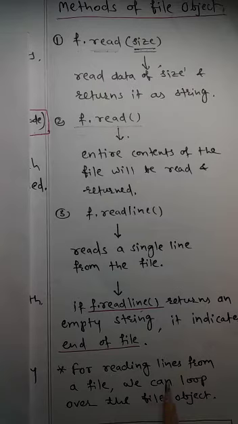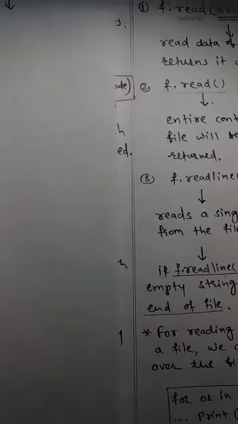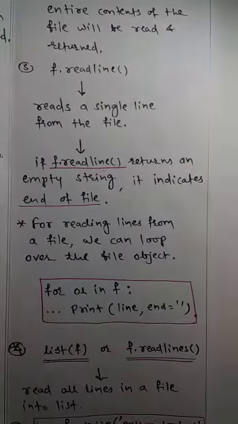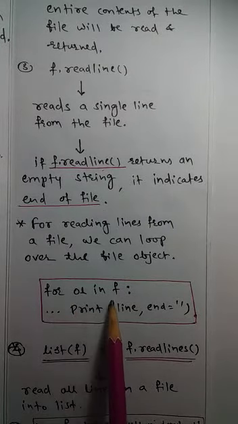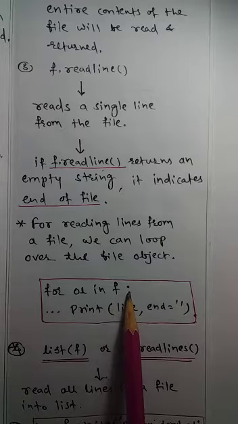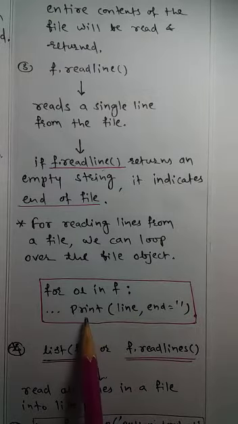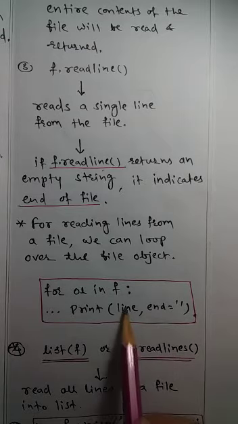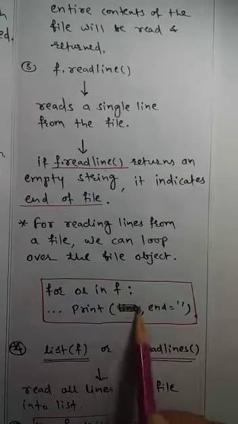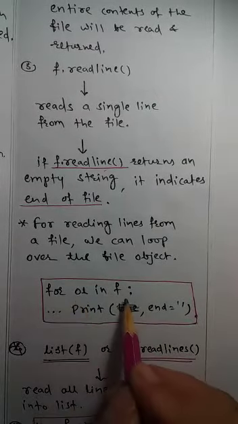So for reading lines from a file, we can loop over the file object. How can we loop over the file object? For line in f, with a colon, print line.